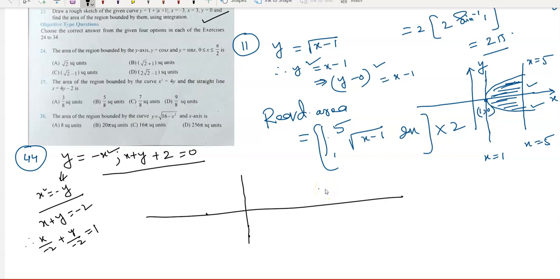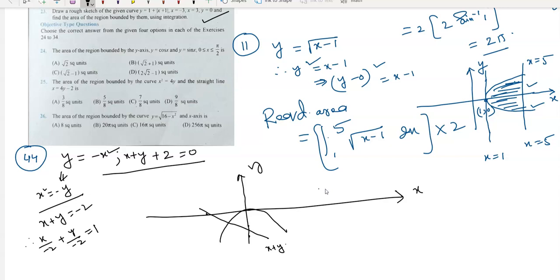And this graph x square equal to minus y is opening downward. This line is, okay. But here there is a problem.